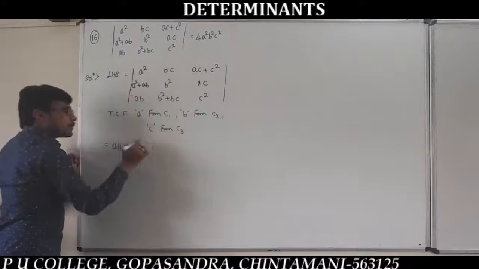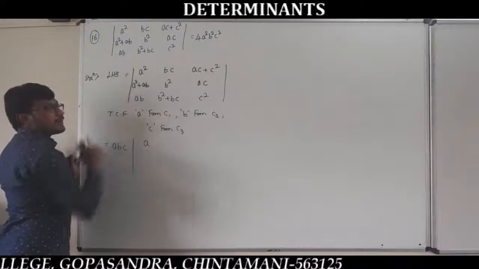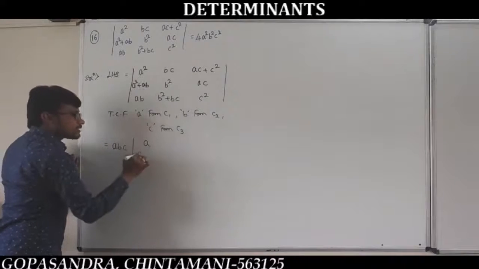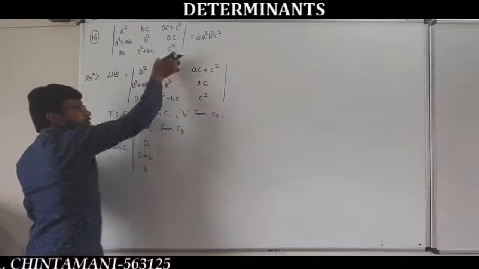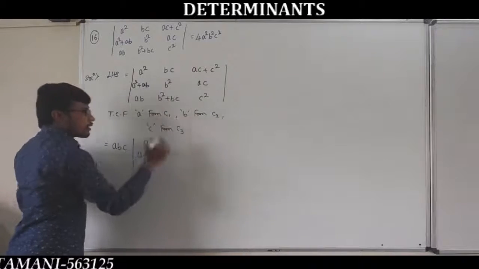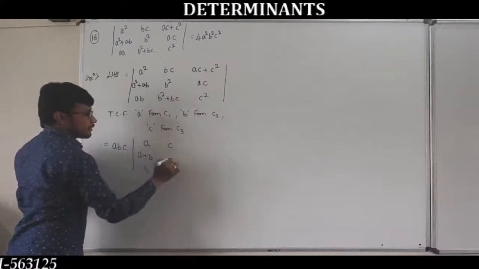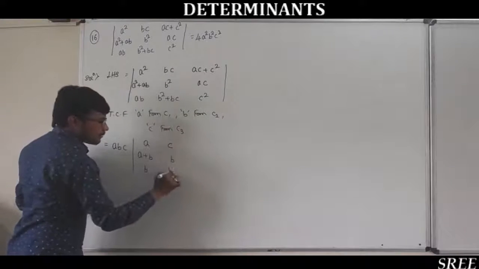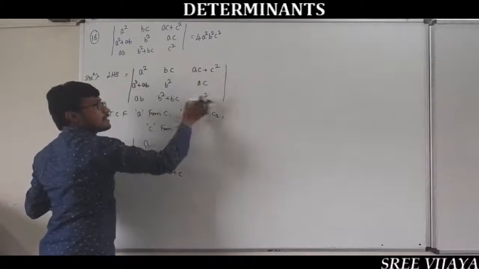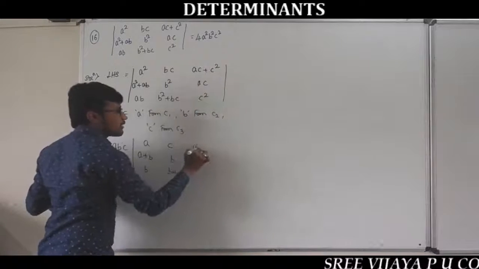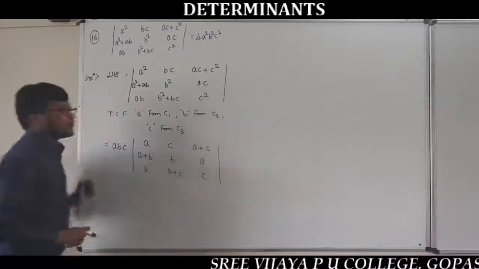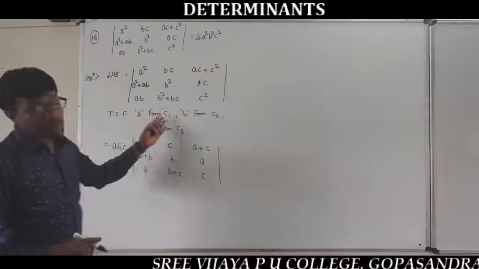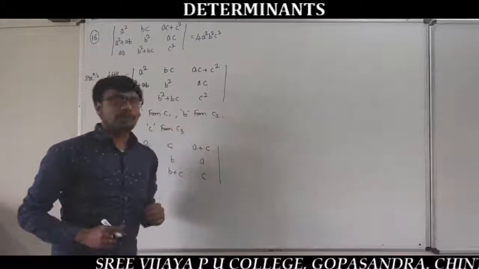In this column 1, leave A, in that A square, A will be remaining A. In these two A is common, remaining A plus B. In this remaining B. So in column 2, B will be the common, right? The remaining C, B here becomes B plus C. Now column 3, C will be the common, right? Remaining A plus C, A, C. So these are the remaining terms after taking A from column 1, B from column 2, C from column 3.